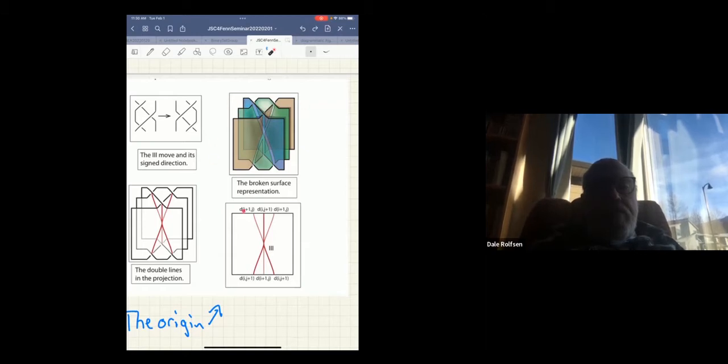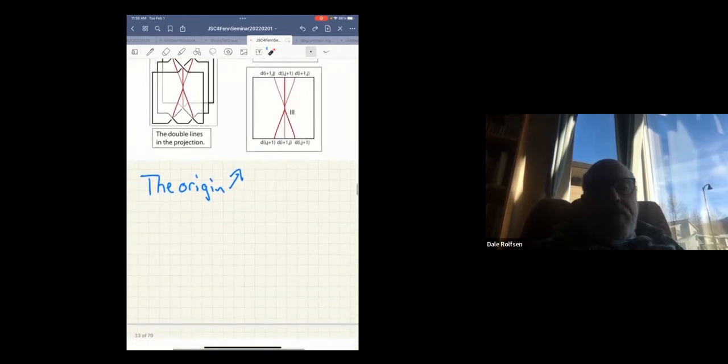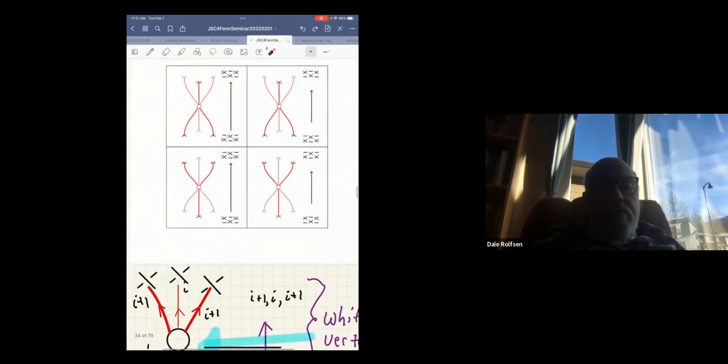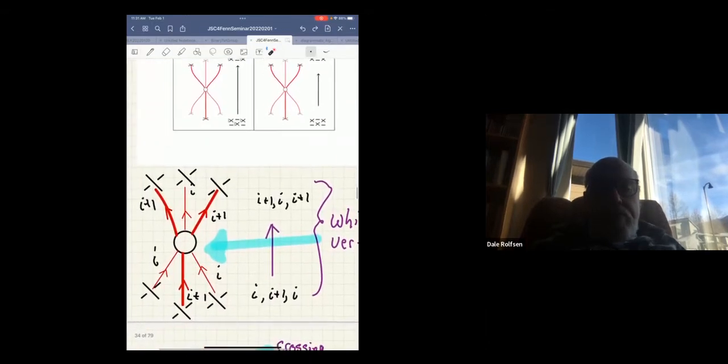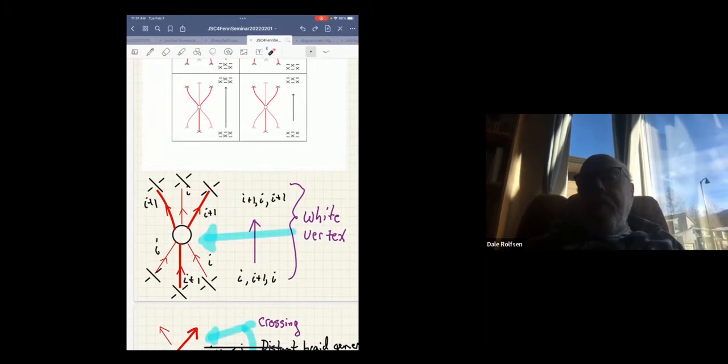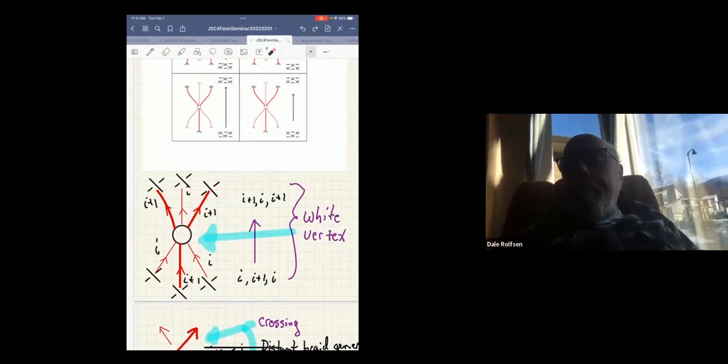So from this schema, we abstract this glyph here. The serifs on the glyphs are crossings, and the vertex is called a white vertex. And the bookmarks are just braid indices. So you're going from sigma I plus 1, sigma I, to sigma I plus 1, sigma I. And this is what Kamada calls a white vertex.